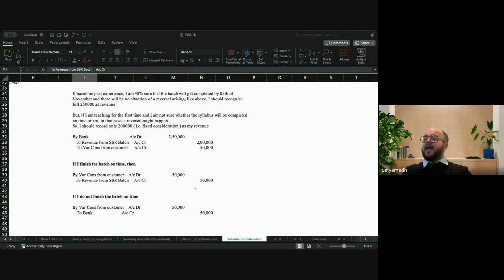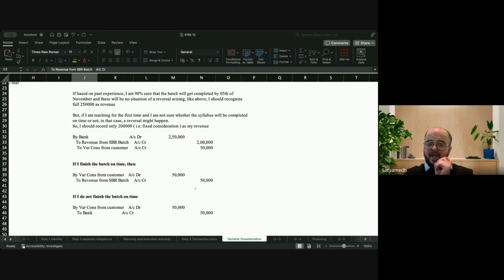Say for example, I have sold goods to customers and I have sold 10,000 units. Based on past experience, I know that out of 10,000 units sold, some 50 units are returned by the customers within 1 year. If I account for the full 10,000 units' worth of revenue, I will have to reverse the revenue of 50 units in the future when my customers return the goods and ask for their money back.